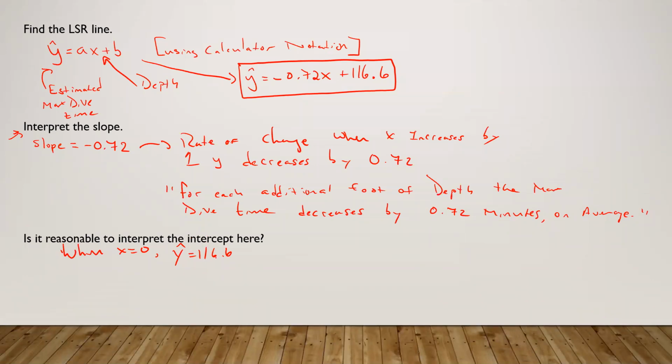It's like, no, that doesn't make any sense. So for this example, it is not reasonable to interpret the intercept.